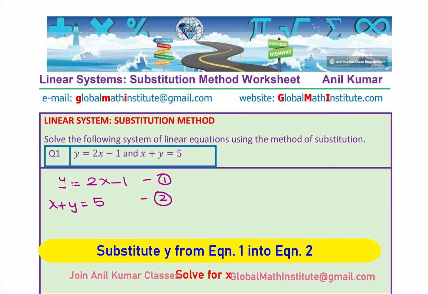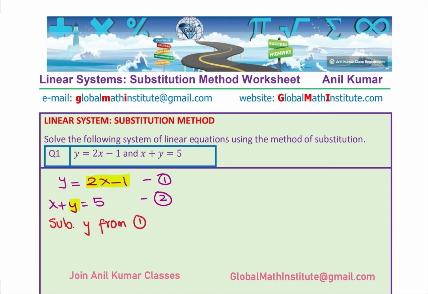Now you can see that we are given y is 2x minus 1. This value of y can be substituted in the second equation. Is that part clear to you? So we'll say substitute y from equation 1 to equation 2.